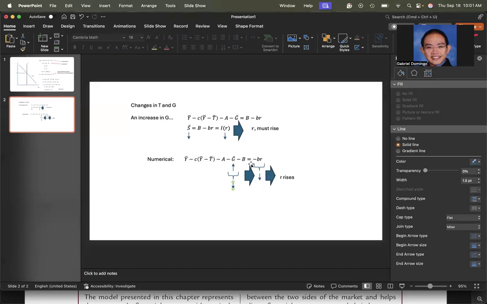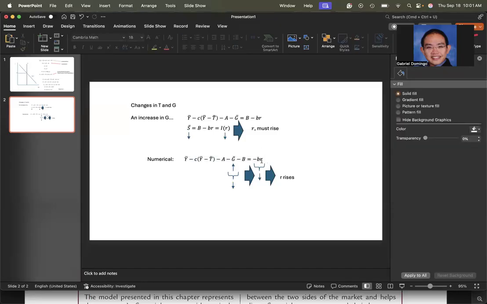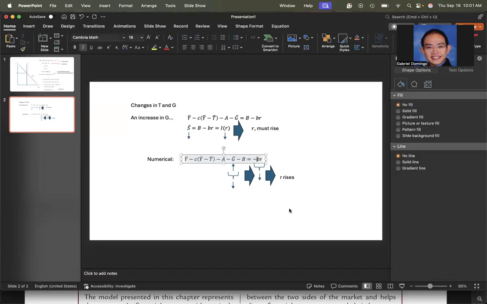So now the only thing that's left on the right-hand side is negative BR. This whole thing has to go down. But because there's a negative sign there and small b is positive, it must be that R will go up. Because if R were to fall, then it's negative times a negative, which would be a positive. That's wrong. So if this whole thing goes down, it must be that R will go up because of this negative sign in front of it.